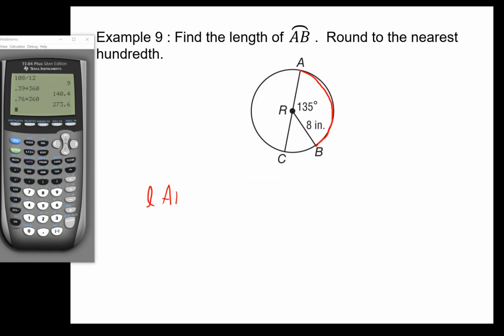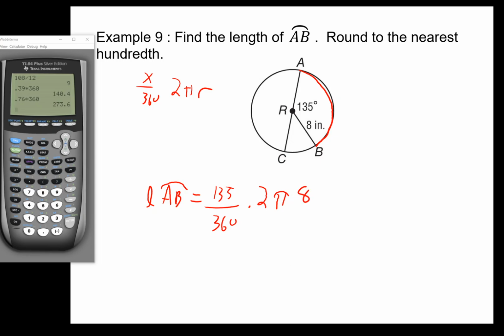The length of AB is equal to x over 360 times 2 pi r. So x is our angle measure, 135 divided by 360 times 2 pi, and radius is 8.